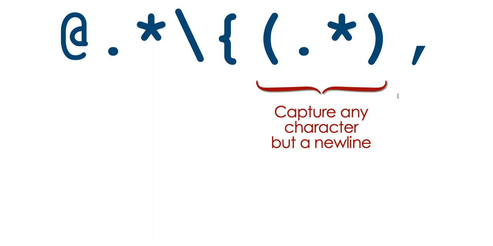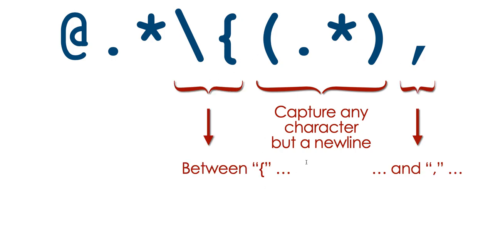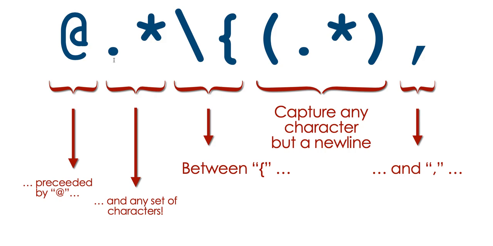The central part of this expression is located here inside of these parentheses. This is where we're going to capture any character but a new line. This is what the dot is doing, 0 or more times. But we're only going to capture that if it's preceded by the left curly bracket and followed by a comma. Now we're only going to match this particular pattern if all of that is preceded by an @ symbol, and then after the @ symbol we also have any set of 0 or more characters.